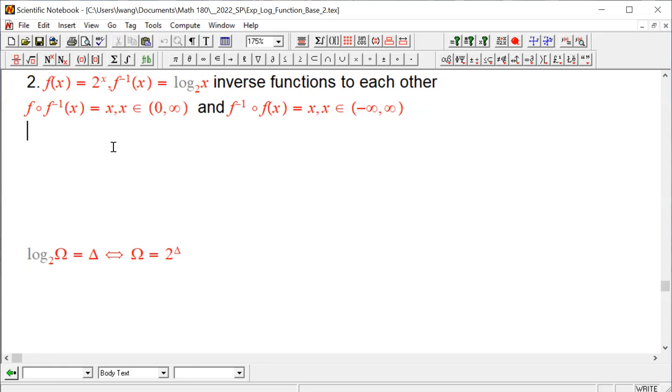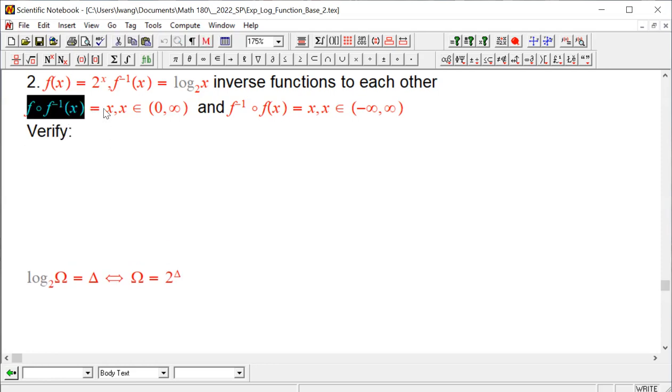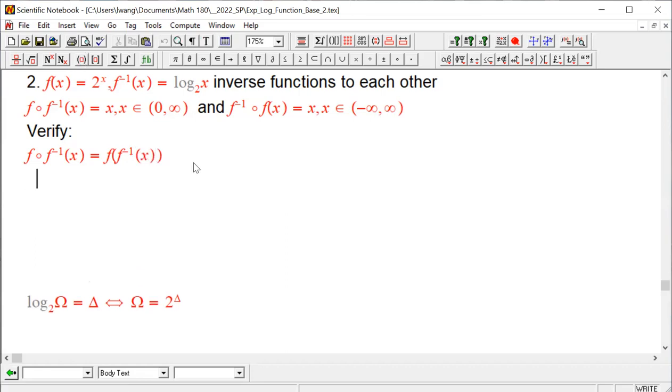And we can verify this. For example, the left-hand side on the first one equals F of F inverse of x. F inverse of x, what would that be? We do it from inside out.